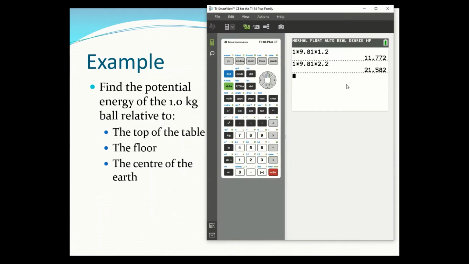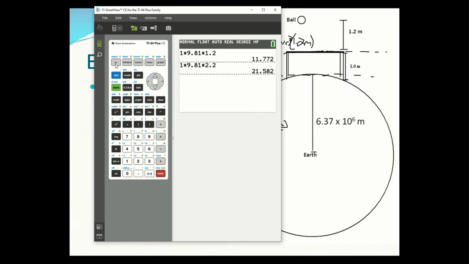So all that we would do is, instead of 2.2, we would have 6.37 times 10 to the 6. I guess we should add on the 2.2.